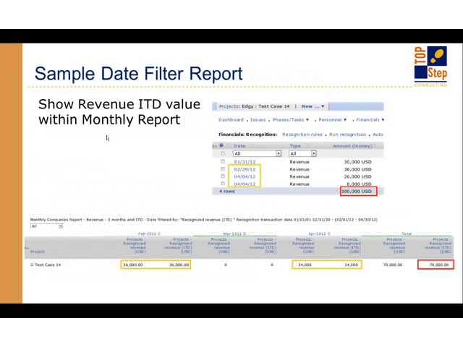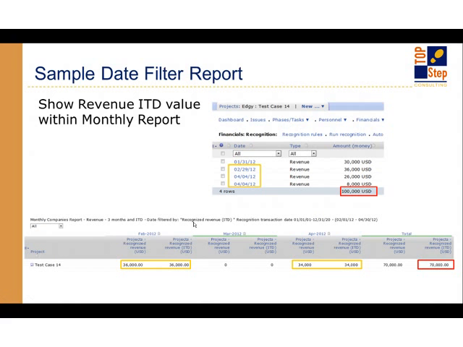You can see that the ITD value is kind of cropped. It only shows the portion of that ITD value that pertains to February. So you can see the monthly February recognized revenue is $36,000. That's the same as the ITD that it's reporting because the ITD value is kind of cropped by the monthly definition of the report. Same thing in April.